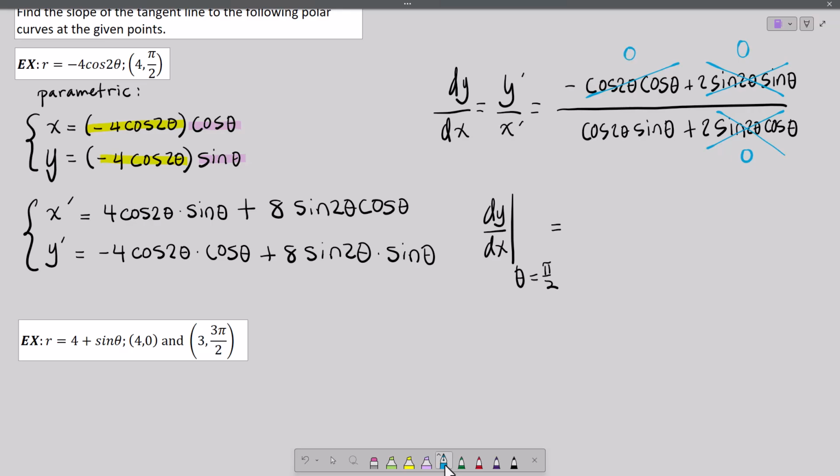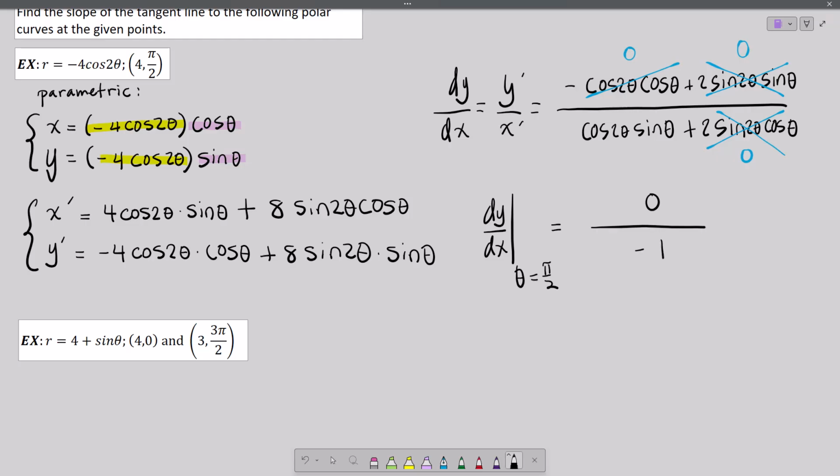How about down here? Plugging in pi over 2. Sine of pi over 2 is 1. So that's not 0. Right? So the numerator is 0. The denominator is whatever this is at pi over 2. Sine of pi over 2 is 1. Here, when we plug in pi over 2, we get cosine of pi, which is negative 1.